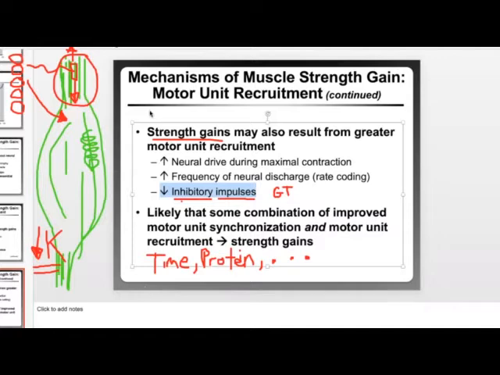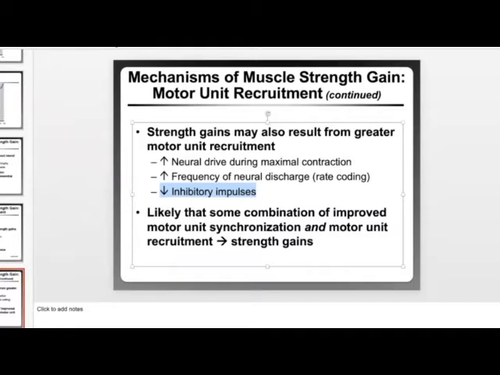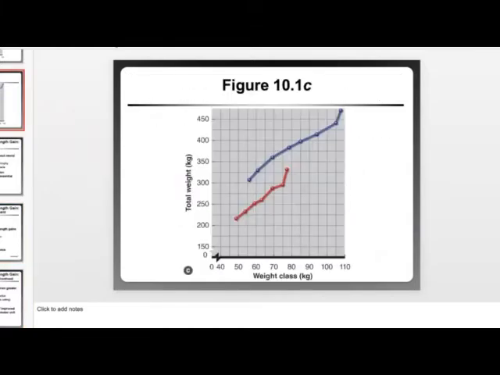But most of them are going to be related to the neuromuscular unit, so the neurons and the muscles. And for the most part, the body wants to change the neurological component prior to building muscle, because again, muscle requires energy to build. All right, so let's go to the next slide here.